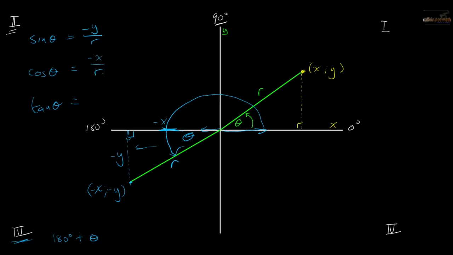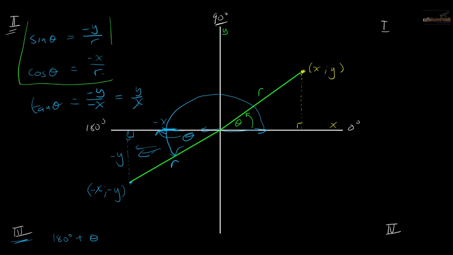And then for tan of theta, well, that's still opposite over adjacent, which is negative y over negative x, which is, well, a negative divided by a negative we all know to be positive, so that simplifies to y over x.